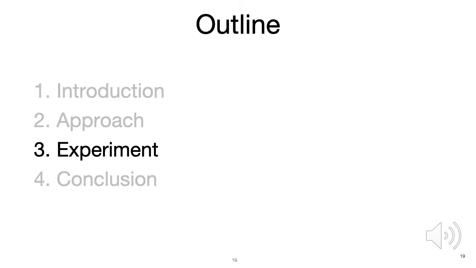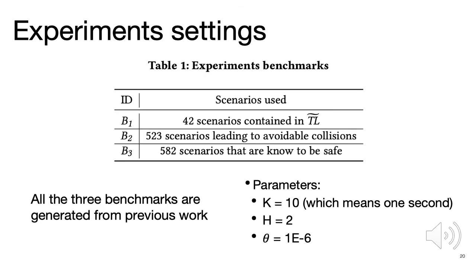And thirdly, the experiment. For the evaluation of our self-adaptive path planner, we designed three benchmarks, and all of them are generated from previous work. Benchmark 1 has 42 scenarios, and this is the same set that we used to build our knowledge base. So benchmark 1 was just for a sanity check.